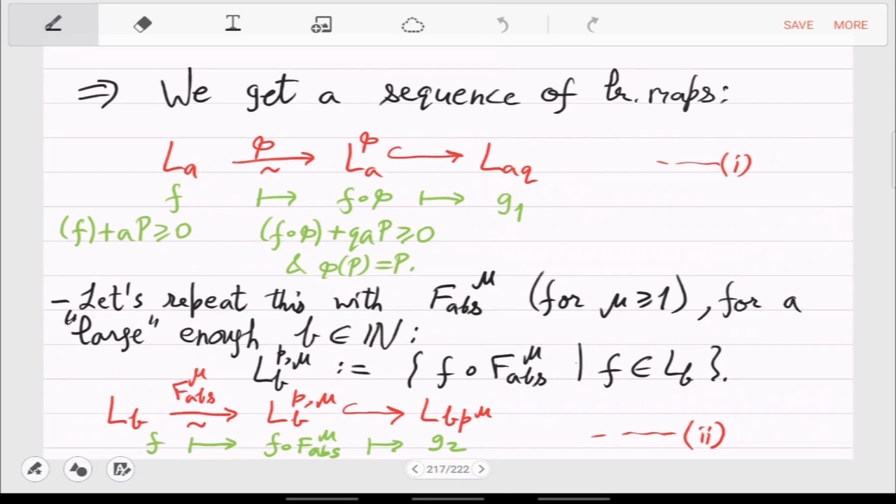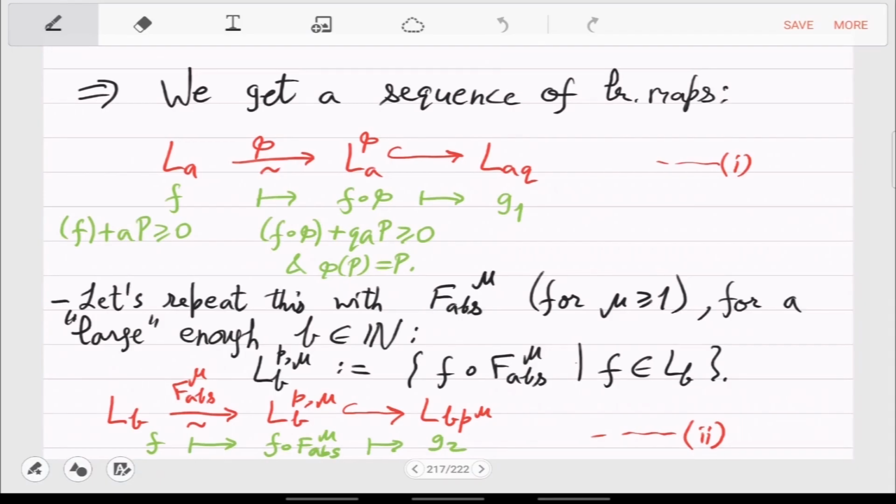We use phi, which is basically sigma inverse Frobenius, that's L(AP) pulled back by phi. And we use a different Frobenius, the absolute Frobenius raised to the prime power p^mu, so p^mu Frobenius. That's L(BP) pulled back by p^mu, the pullback of this sheaf, which is explicitly just that.